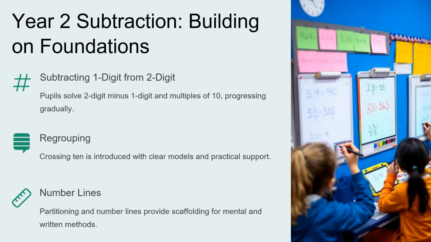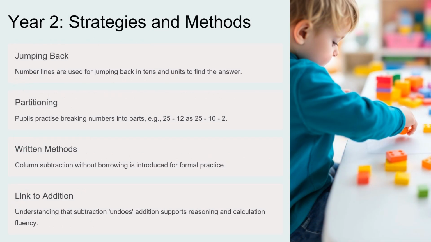We do lots of work in Year 2 using number lines and partitioning, and the number line helps provide scaffolding for mental and written methods so they can visually jump back on the number line to represent subtractions. So some of the strategies and methods that we look at in Year 2, like I said, we look at jumping back.